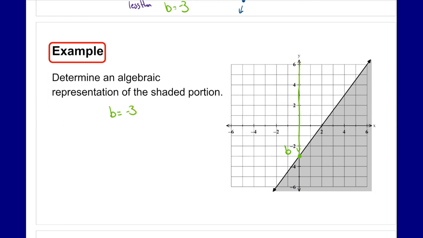We find two nice points to find our multiplier, or rise over run. So we go over 1, 2, we go up 1, 2, 3. So my multiplier is equal to 3 over 2.